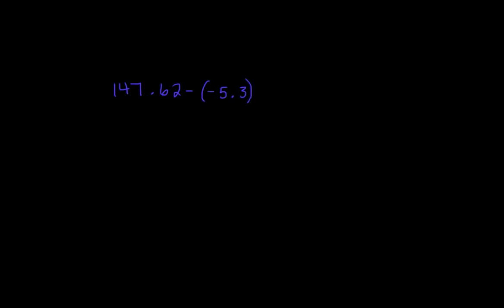This is where you have to remember that a minus times a negative is a positive. So what this problem really is, is 147.62 plus 5.3. Don't let this little fact mess you up, okay? Be on the lookout for it.